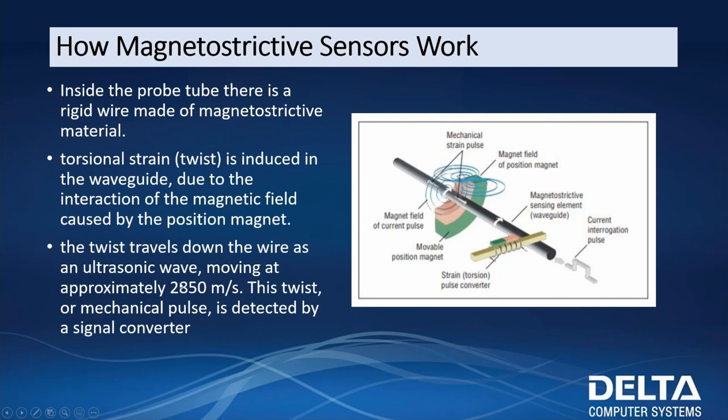That travels down the wire as an ultrasonic wave, and it's moving approximately 2,850 meters per second. And that twist or mechanical pulse is detected by the signal converter. And what that does is it tells us where the magnet is. So this is a great technology.